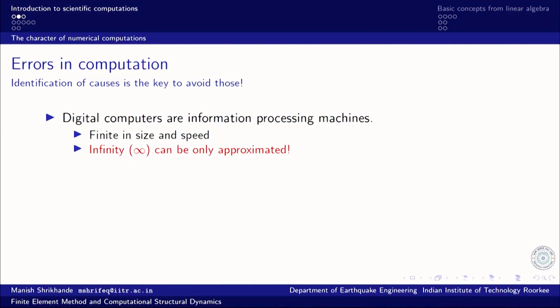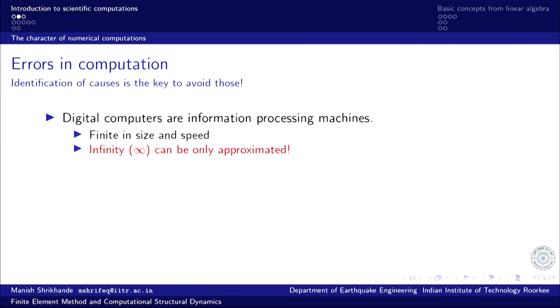It extends from minus infinity to plus infinity, and in between any two numbers we can pack another infinite set of numbers. So now that is a problem with computers, which are finite. How do we represent infinity? The problem is, infinity cannot be represented on a finite machine; infinity can only be approximated.